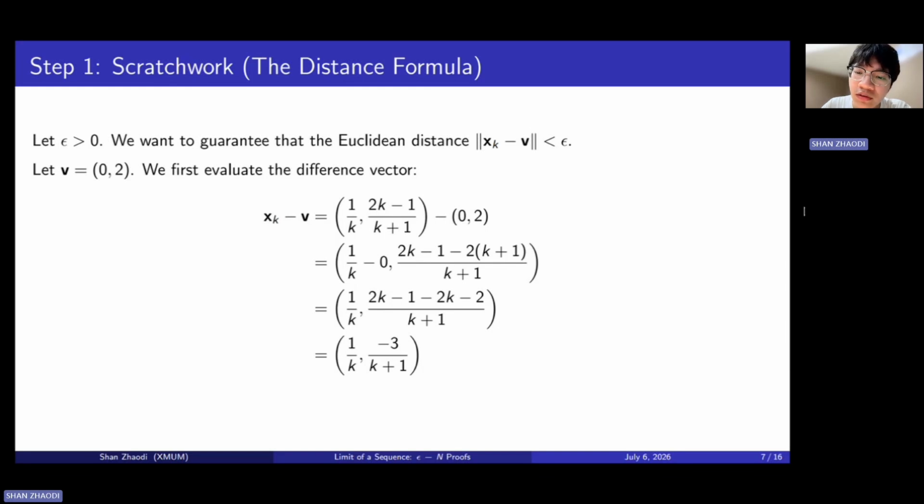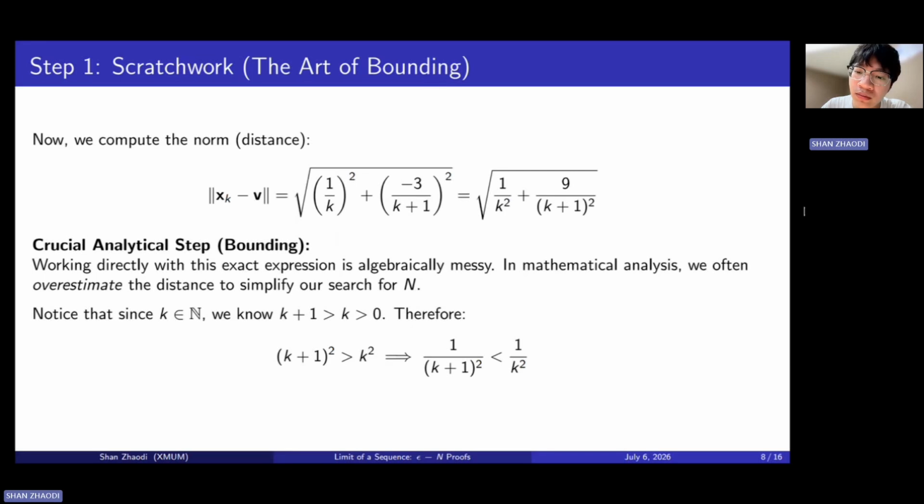We simplify the difference vector down to (1/k, -3/(k+1)). Next, we compute the norm. We get the square root of 1/k^2 plus 9/(k+1)^2.